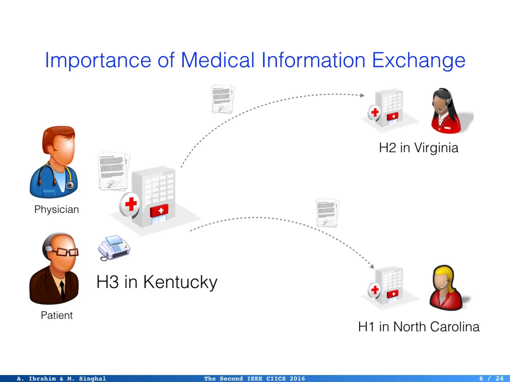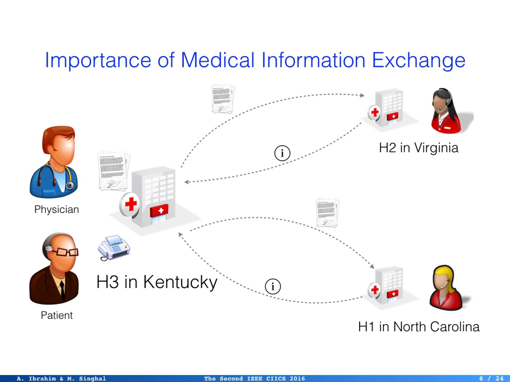Also, the process may include phone calls between involved parties to authenticate the initiating healthcare provider. After authentication, remote healthcare providers H1 and H2 fax the patient's records back to H3.